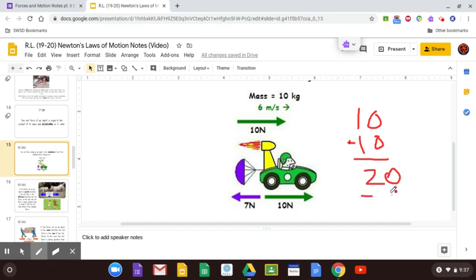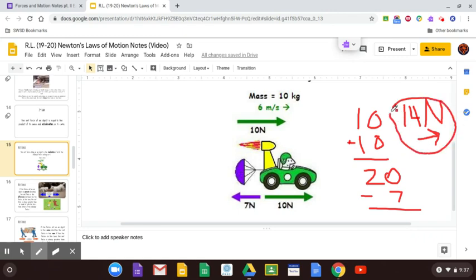And then we would subtract 7, and we get a total of 14 newtons. And we also have to say where it's going. Is it going left or is it going to the right? That would be to the right, because this side has more newtons of force than this one does. So this would be our answer in this scenario. Ta-da! Okay. So that's pretty much how we find net force.